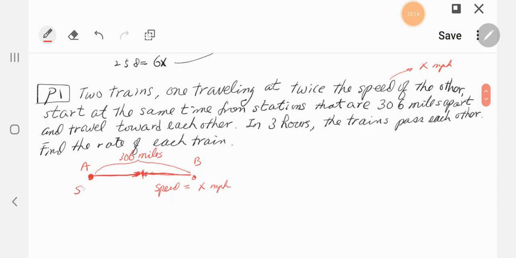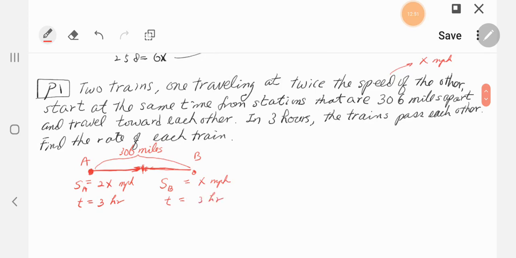Then the speed of car A, can I write it like this? The speed of car B, the speed of car A. Then this one is twice the speed of car B, so it will be 2x miles per hour. Make sense? Okay, and then they are traveling 3 hours. So the time for A is 3 hours. The time that car B traveled is also 3 hours.